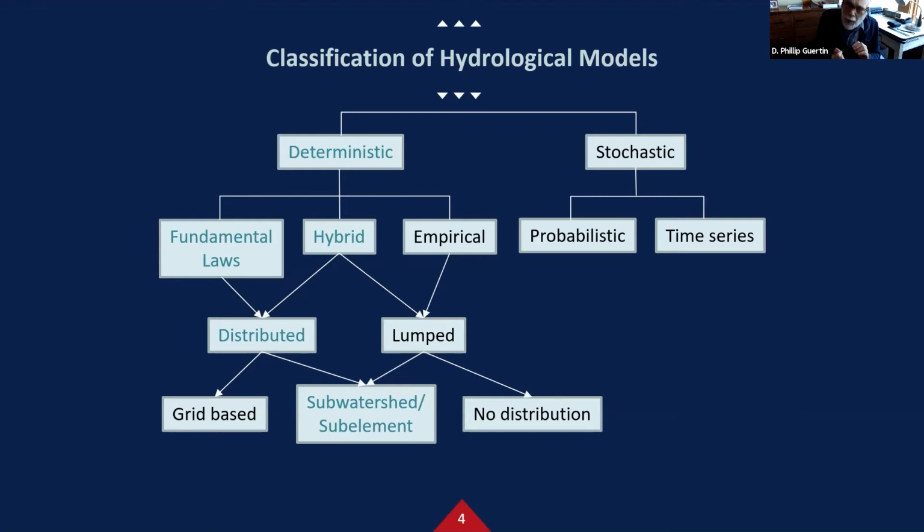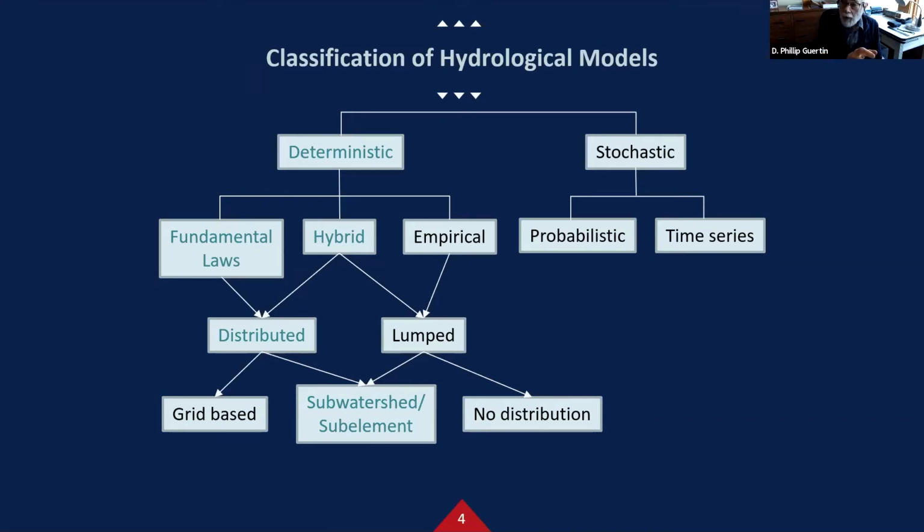SWAT is more of a hybrid model, but it still has individual functions for different processes. Unlike KINEROS, where we model infiltration using a form of Green-Ampt, the SWAT model uses the curve number approach. It's not as strong in terms of its physical representation, but still, we have a functionality describing that process.